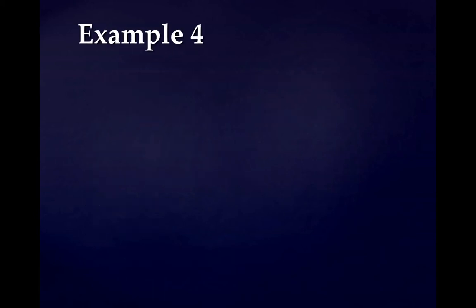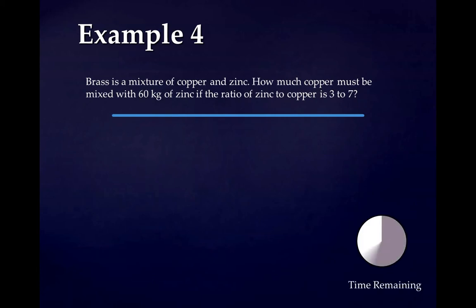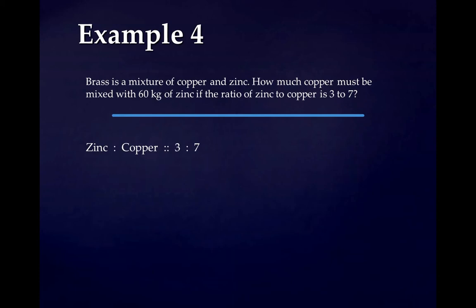Example 4. Brass is a mixture of copper and zinc. How much copper must be mixed with 60 kilograms of zinc if the ratio of zinc to copper is 3 to 7? So the ratio of zinc to copper is the same as the ratio of 3 to 7.